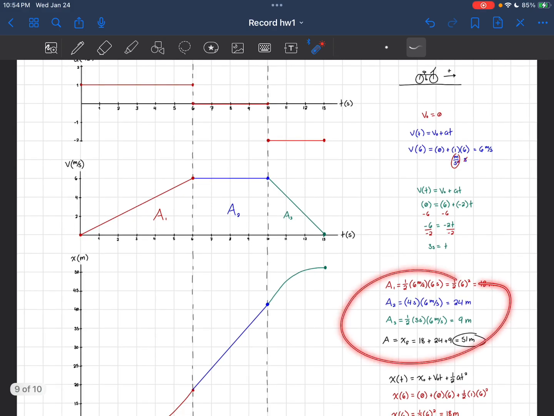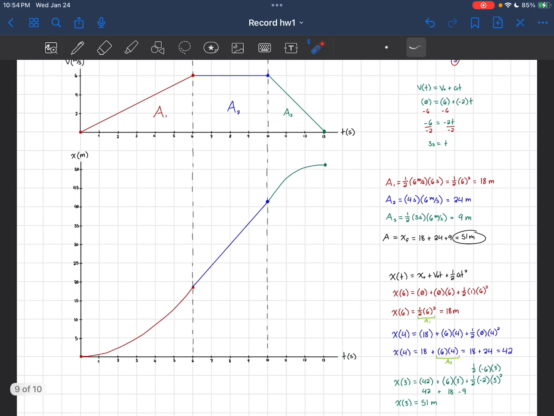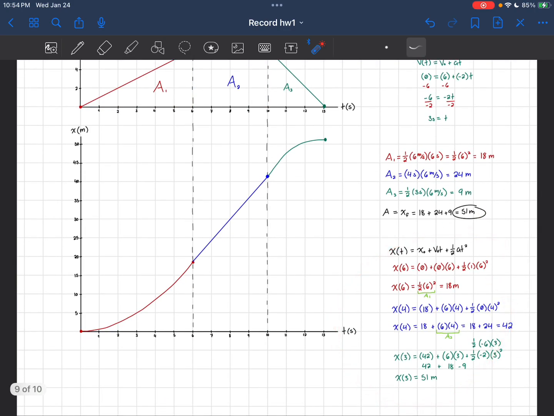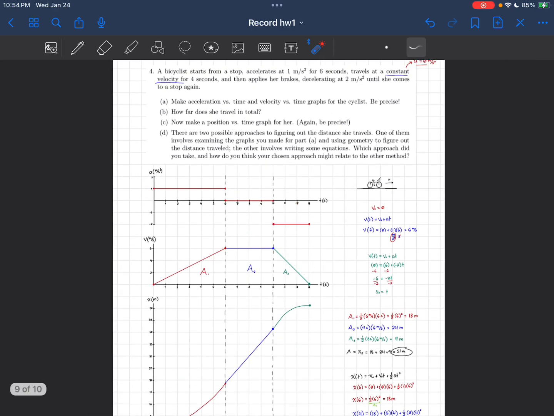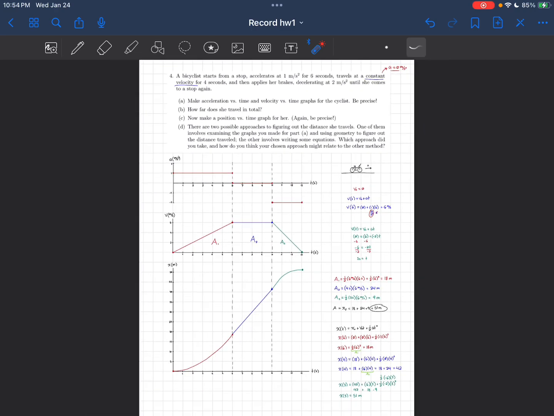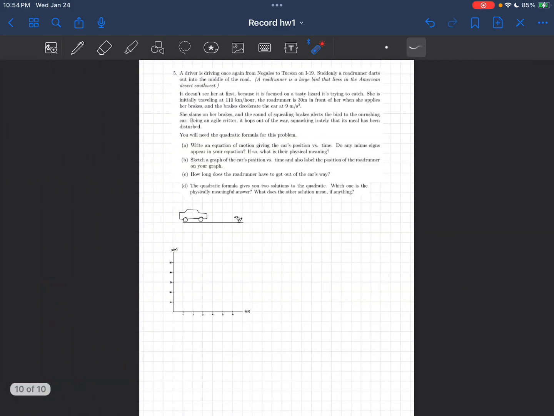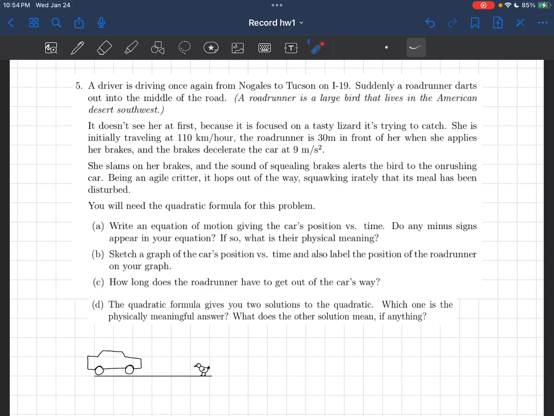Our area approach, the one that involved the graphs, found the area under the curve, and our equations one was our kinematics. And we already talked about where a lot of the similarities come from in what we're looking at. All right, so moving right along, our final question, the iconic, the infamous Roadrunner problem.